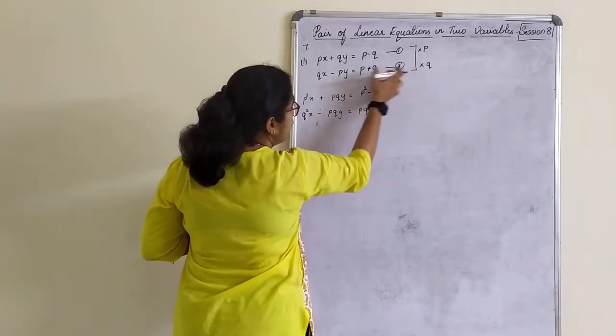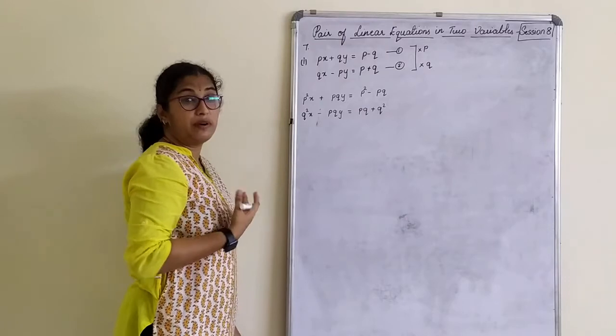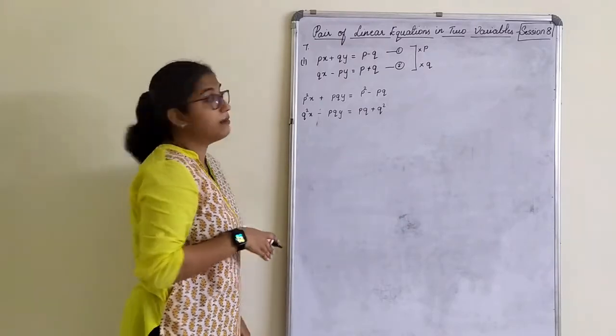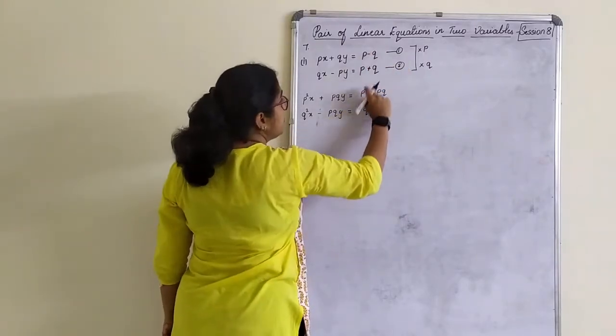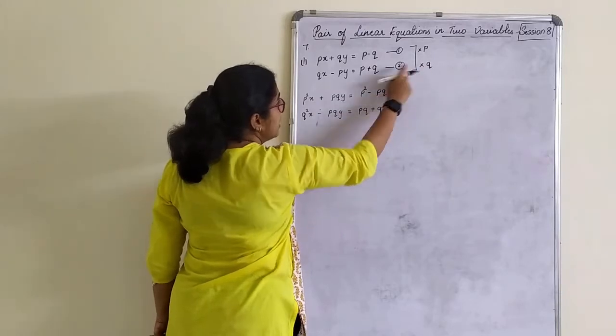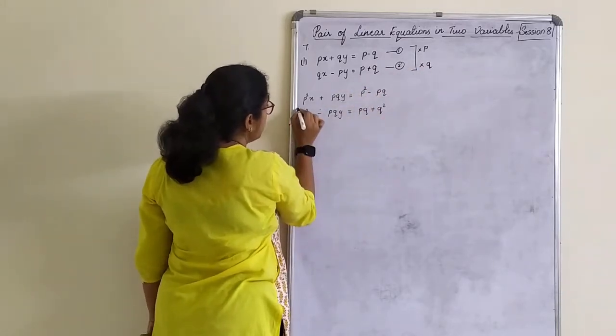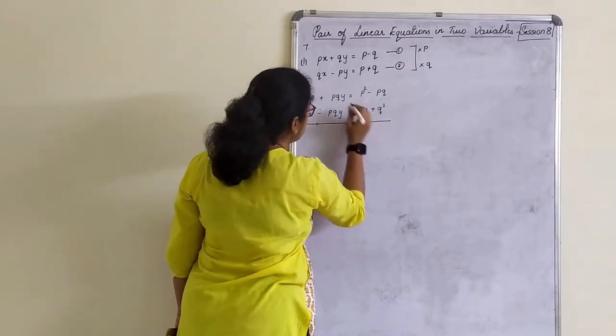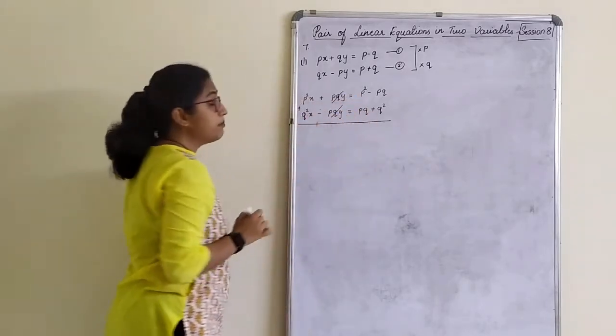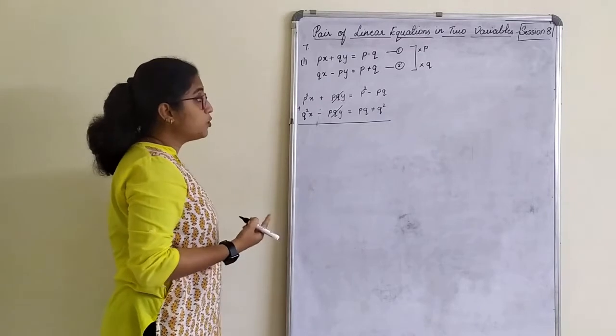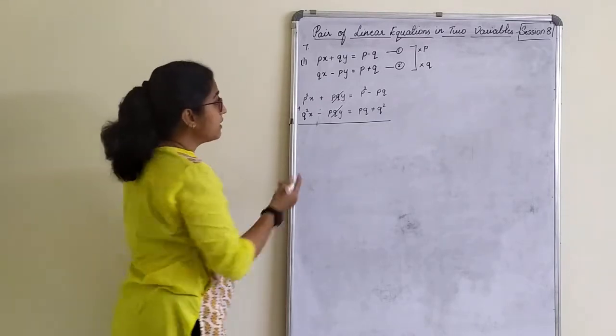Understood? I multiplied monomial with binomial, otherwise one more step I have to show for multiplication: p into p square minus pq, q into pq plus q into q square. We are going to add the equations since we already have 1 plus and 1 minus sign. Plus pqy minus pqy will get cancelled.